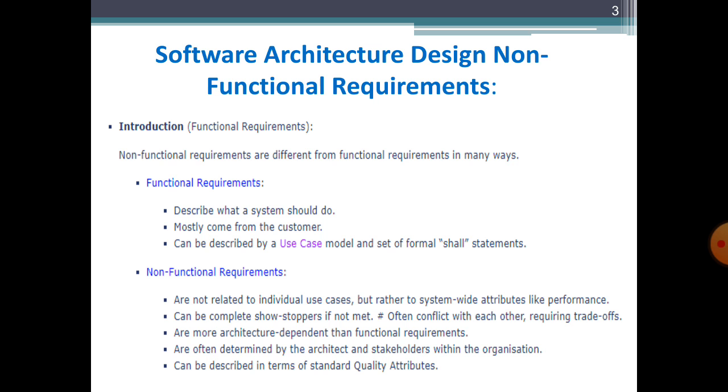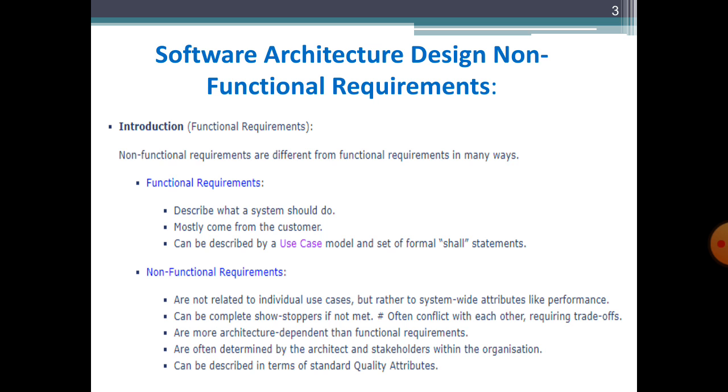We can't achieve all qualities or characteristics of a system in a single architecture, so there exists some trade-off between quality pairs. And architecture is more dependent on non-functional requirements than on functional requirements, because non-functional requirements are more important for the user or the customer, and they are hard to measure and hard to achieve.